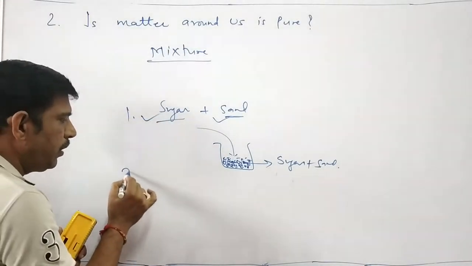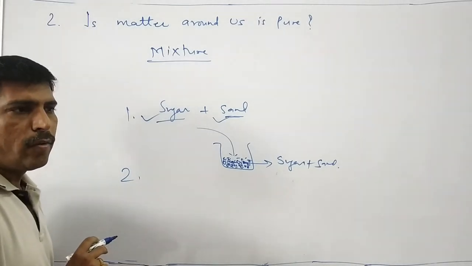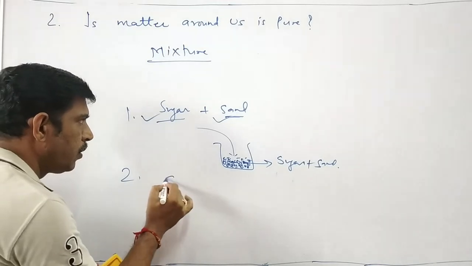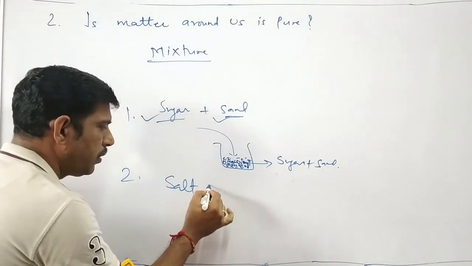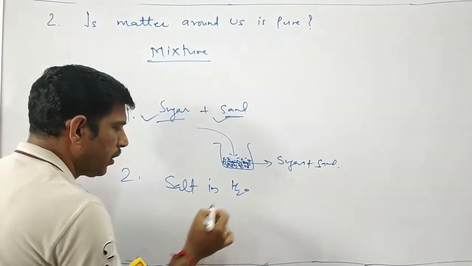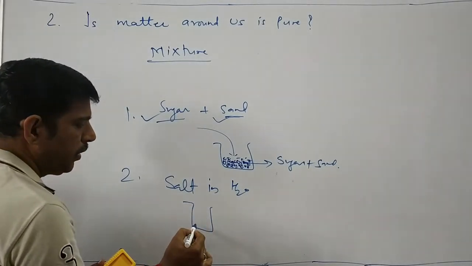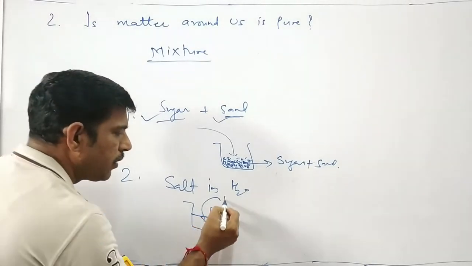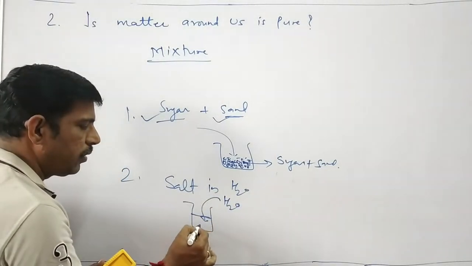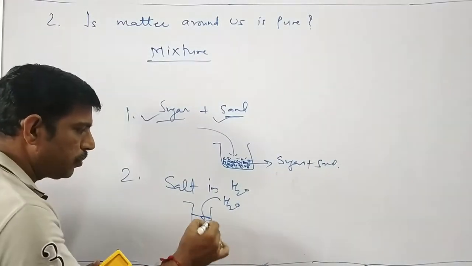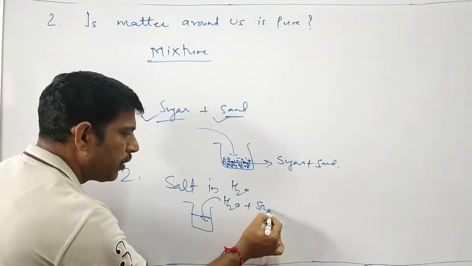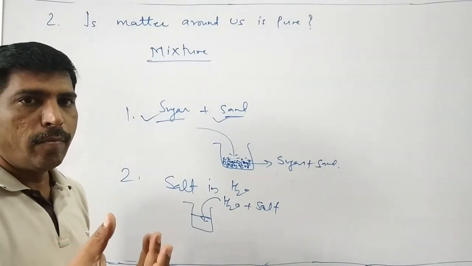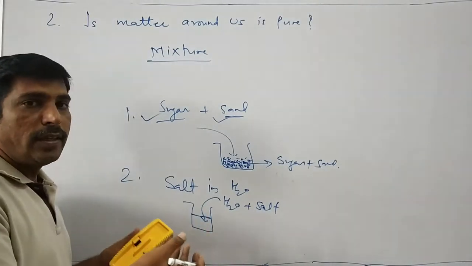The second example is a mixture of salt in water. I have taken a beaker with water, and added one spoon of common salt, our table salt, that is sodium chloride. It is a white material we use in cooking.